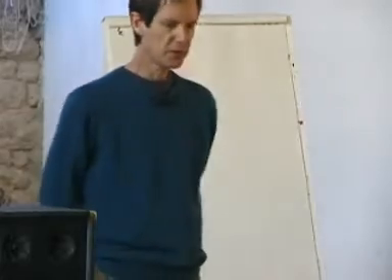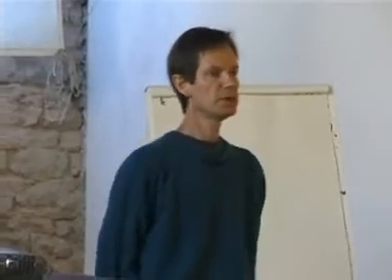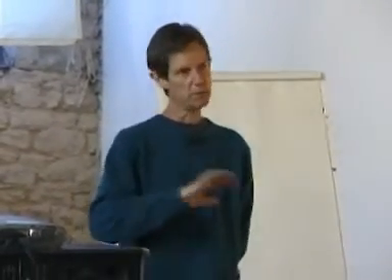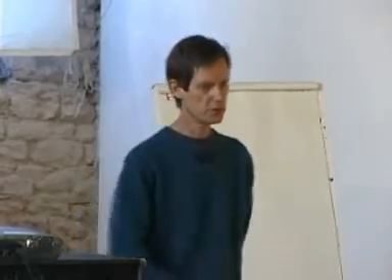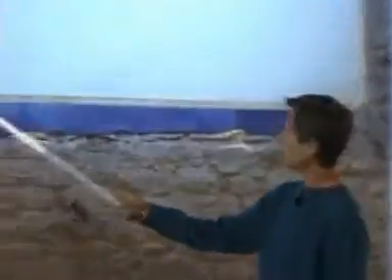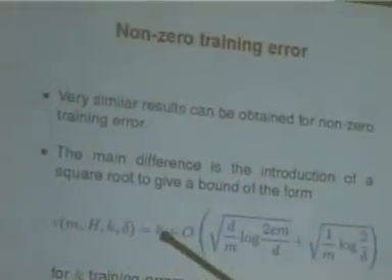There are corresponding results for non-zero training error, where the techniques are very similar, but it just gets a little bit more messy. I wanted to give you the flavor of what's going on here, so I'm not going to go into this at all, but you can get a similar type of result which says that the bound on the generalization is k over m, sorry, this is a mistake.